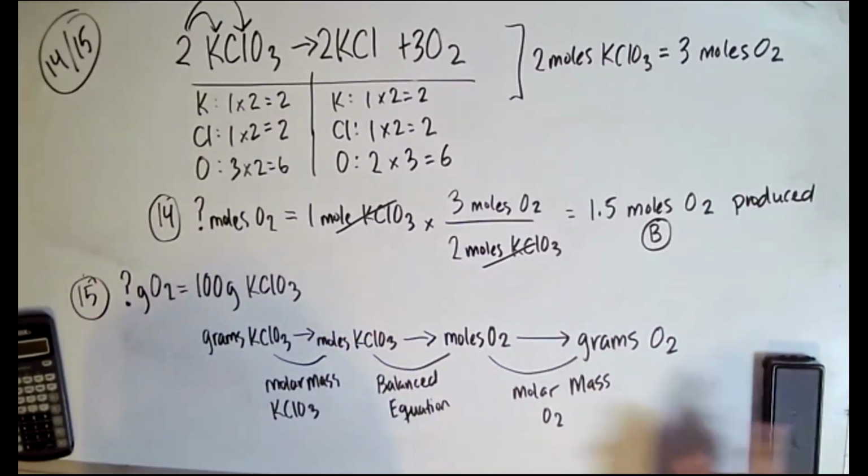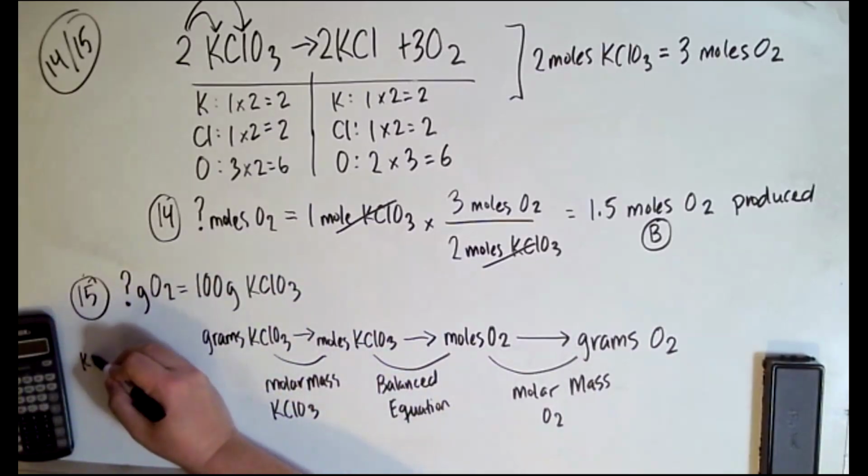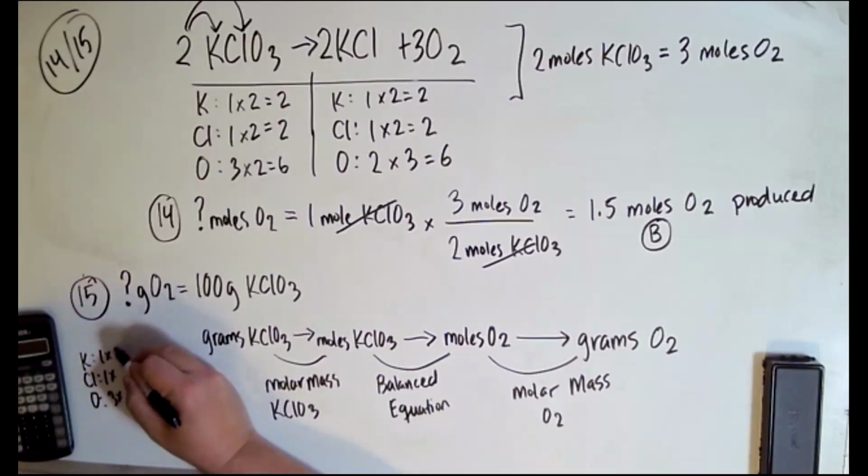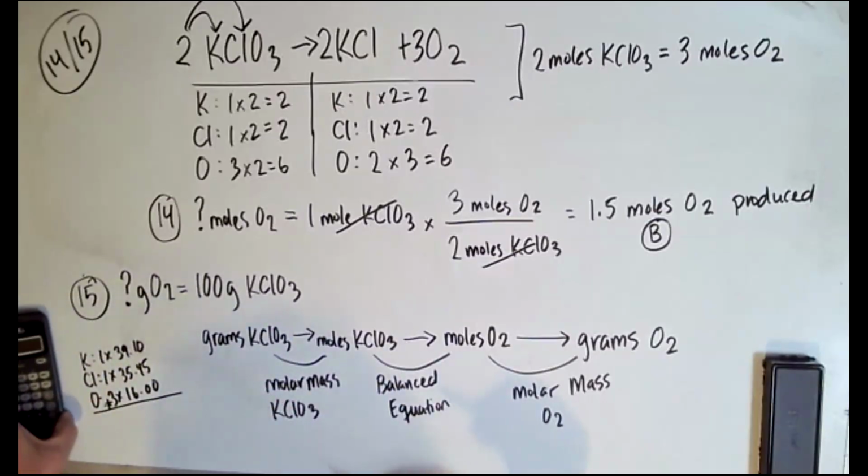All right. We can calculate the molar mass of KClO3 real quick on the left side, and we'll calculate the molar mass of O2 on the right side. So for our KClO3, we're going to have 1 potassium, 1 chlorine, and we're going to have 3 oxygens. And we'll put a little plus sign there so we know we're adding them all together.